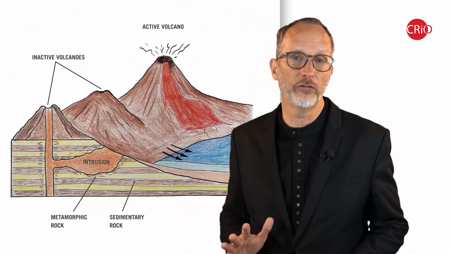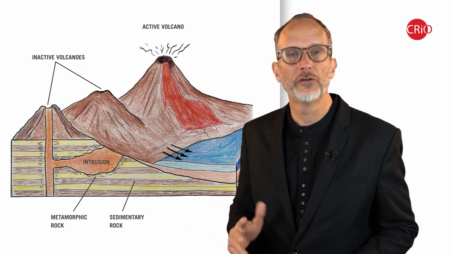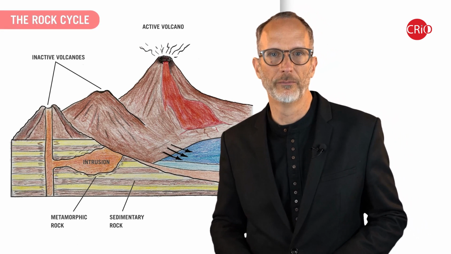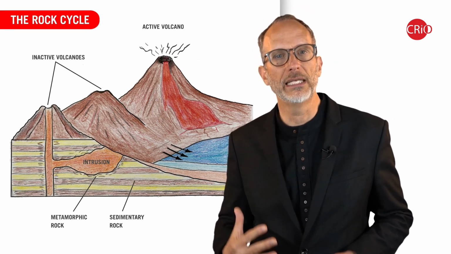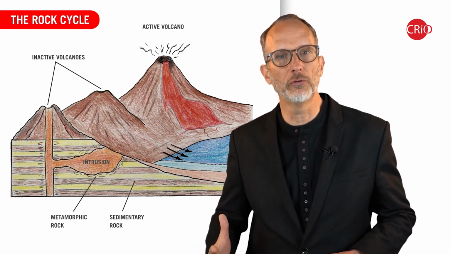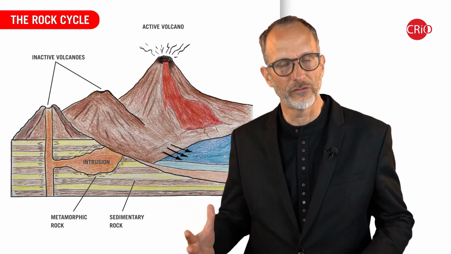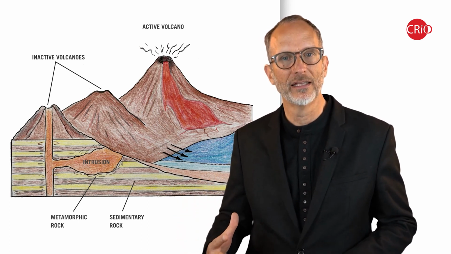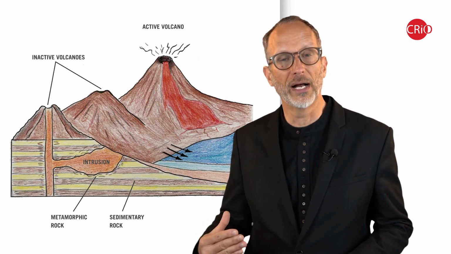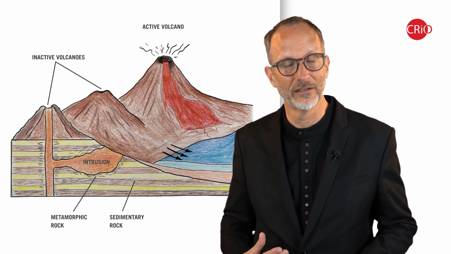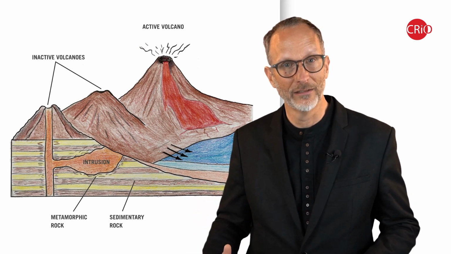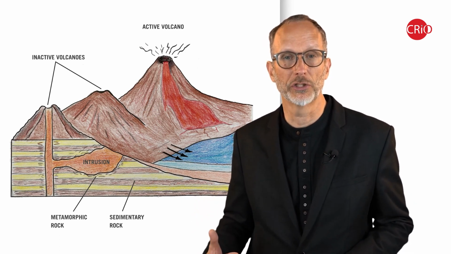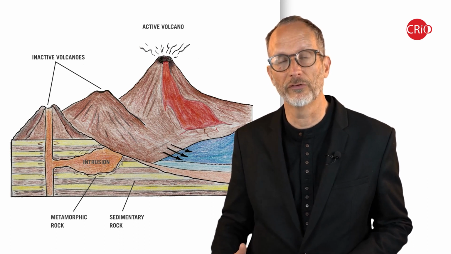Now, this introduces us in general to something in geology that is known as the rock cycle. Now, the rock cycle begins with molten rock that solidifies, and that molten rock then can be altered by remelting, by weathering, or by transformations by heat and pressure in a process called metamorphism.